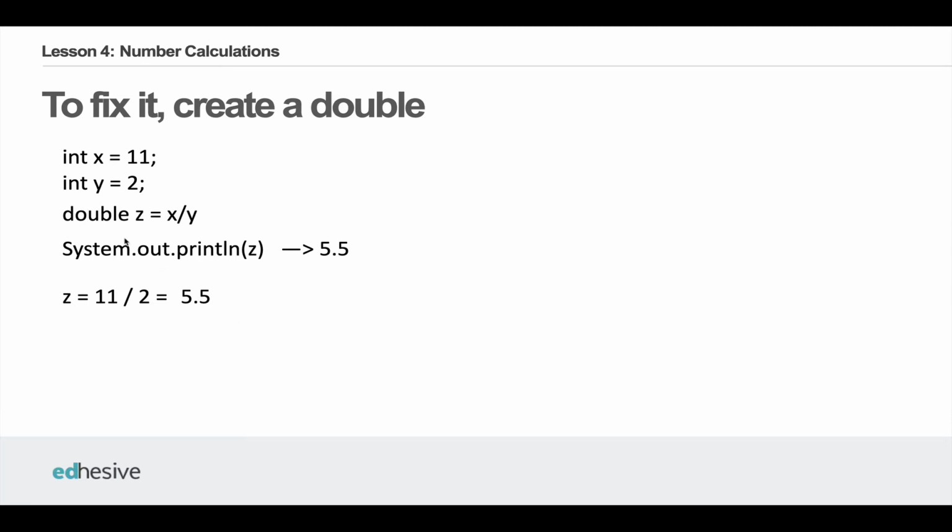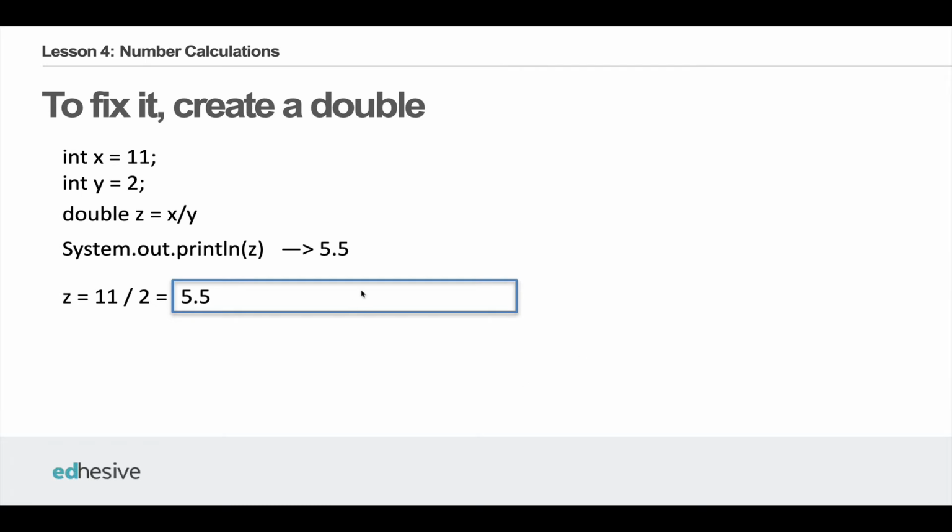But now my z is a double, which means it has tons of room to store the decimal. Actually, it can store something like 2 to the 64th power number of digits after the decimal point. I don't know, something ridiculously large number there. But because it's a double, it's able to store any values after the decimal point.